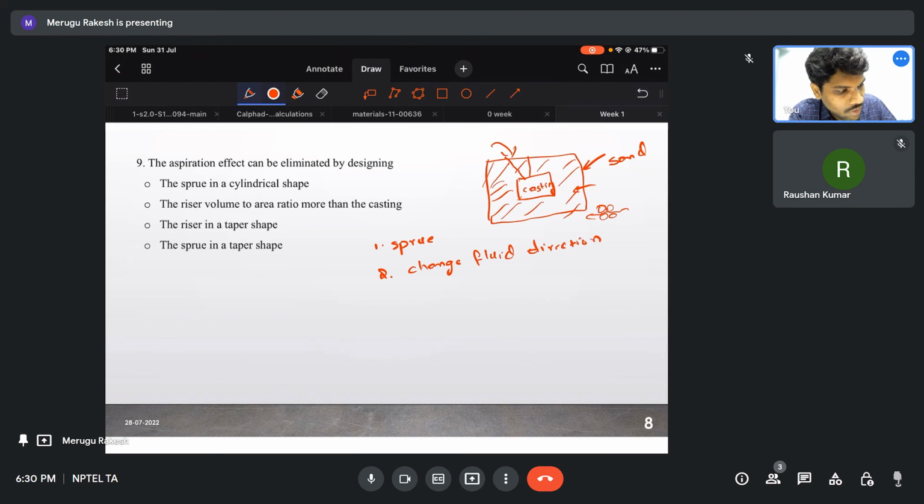So the first option is the sprue design. The sprue design should be tapered rather than cylindrical.